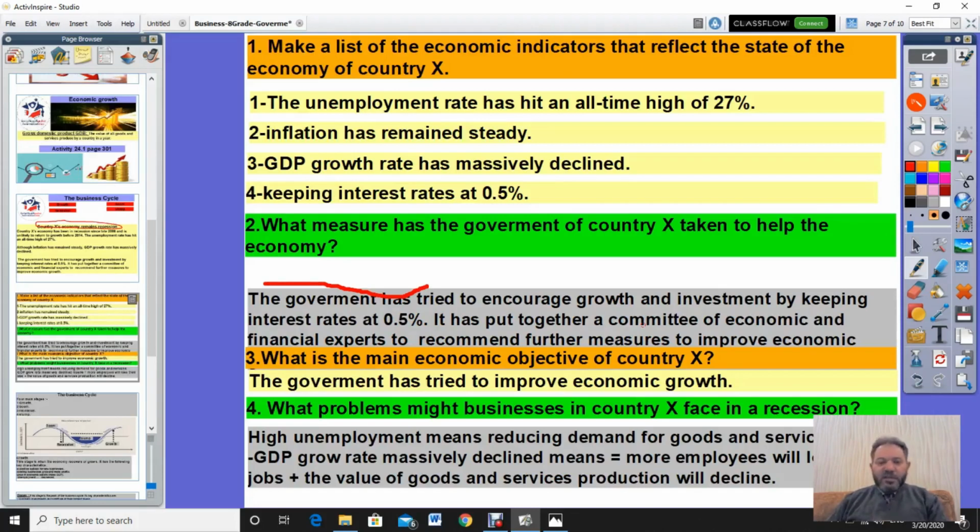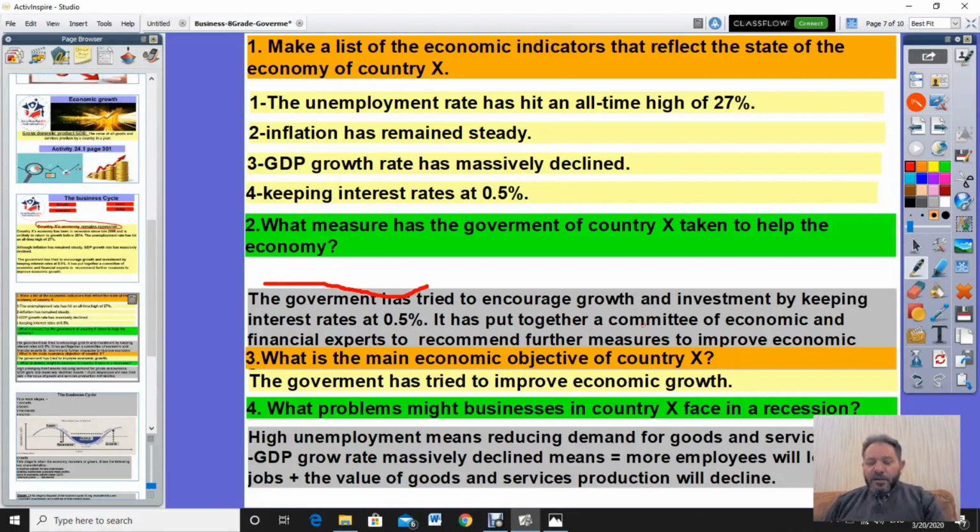The second procedure taken is that the government has put together a committee of economic and financial experts to recommend further measures to improve the economy. So they are trying hard to improve the economy by keeping the interest rate at 0.5%.